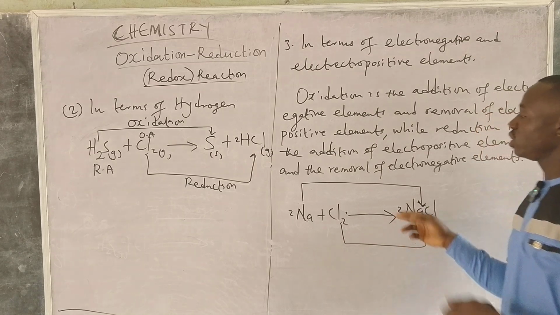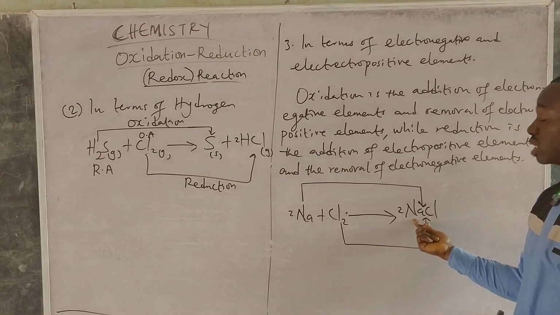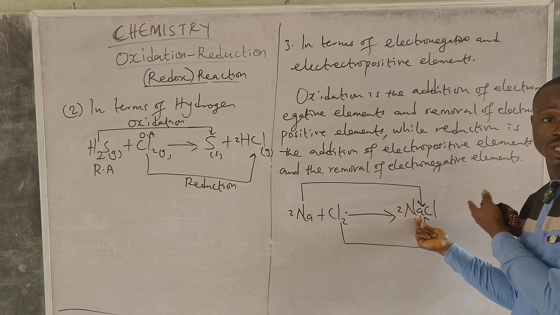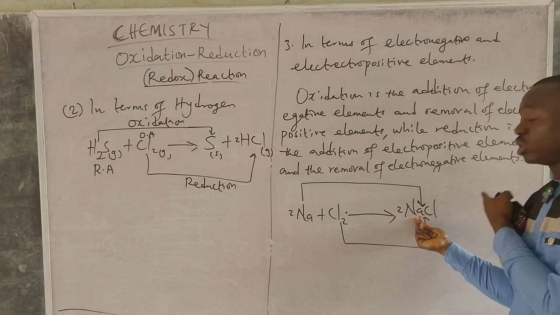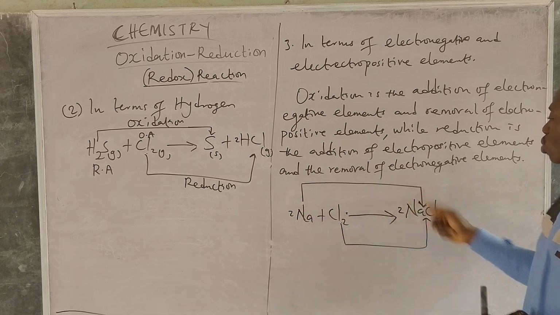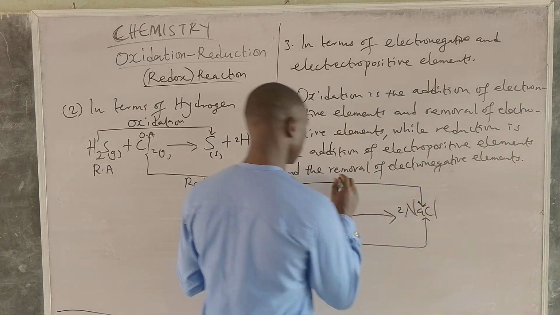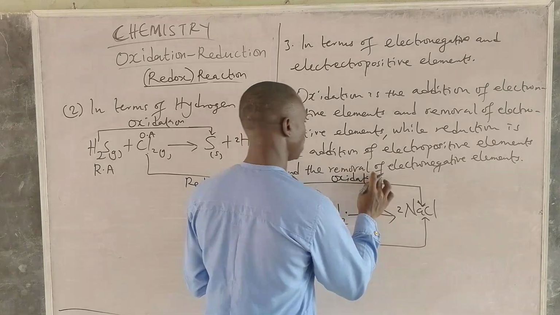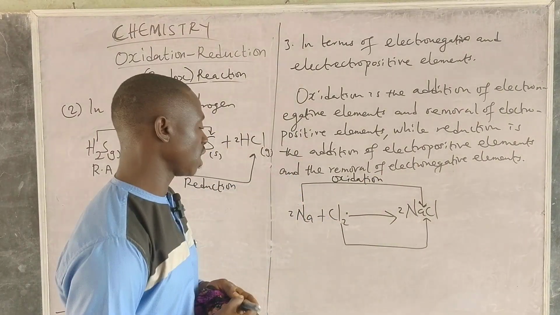So according to our definition of oxidation reduction, since chlorine is being added to sodium, you must ask yourself, what is chlorine? Is it an electropositive or electronegative element? Because chlorine is an electronegative element, moving from sodium to sodium chloride we have oxidation, which is the addition of electronegative elements.